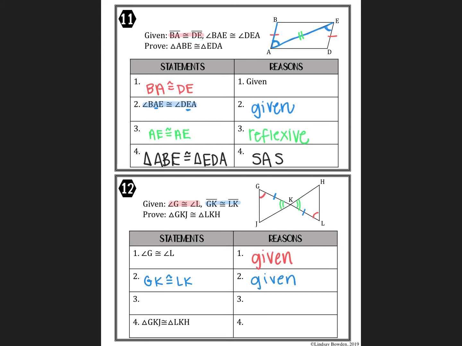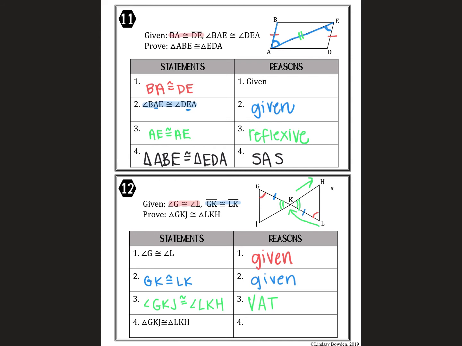We know K has to be the middle letter because it's the vertex, so maybe I'll call my first one G, K, J. When I follow that pattern, the second one's going to be named LKH. Make sure you include your angle symbol. And we call those vertical angles, so we'll write vertical angle theorem.